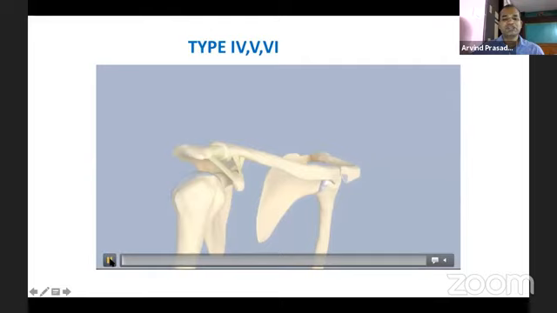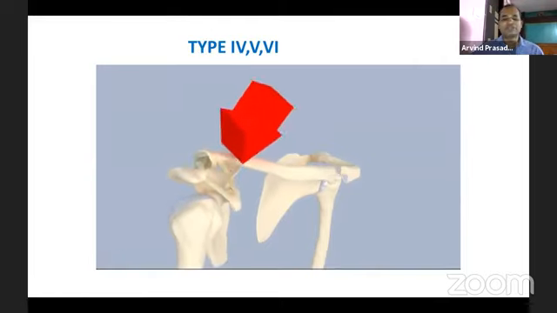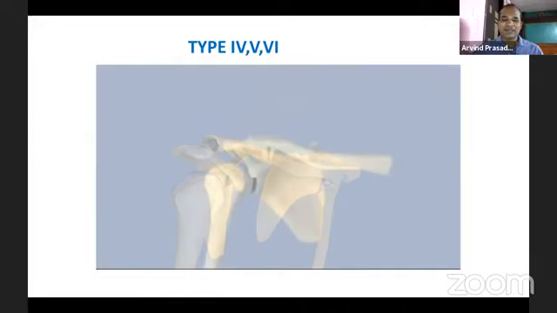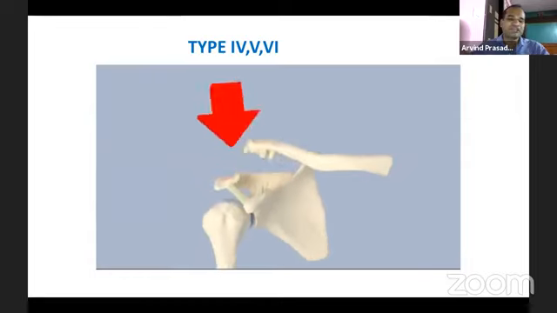About type 4, type 5, and type 6, in type 4 there is disruption of the AC and CC ligament along with disruption of the trapezius muscle, and in type 5, disruption of the trapezius and the deltoid muscle as well.